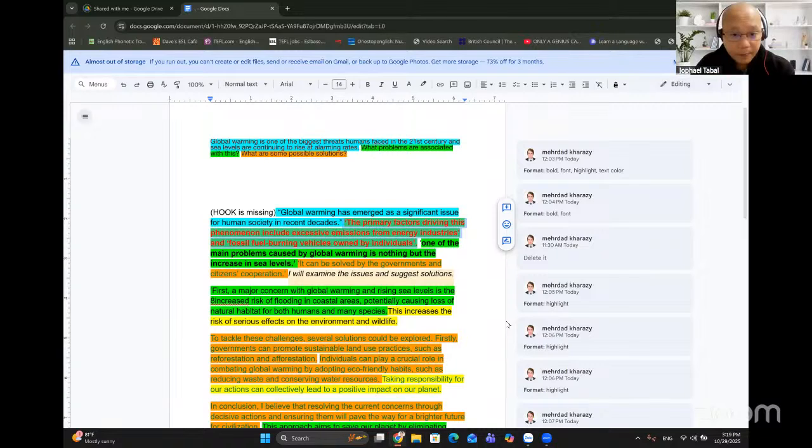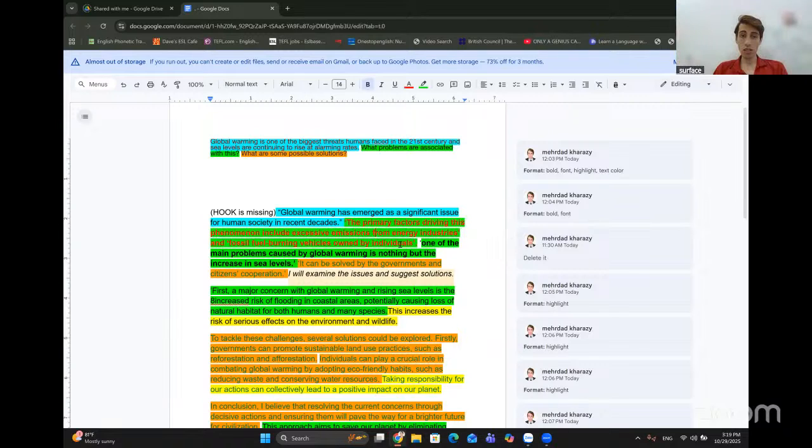If their solution is solving the cause, so that there will not be any problems at all from the very beginning step, then they have to expand the cause in the body part one, body paragraph one.